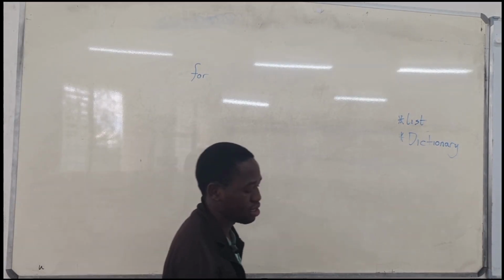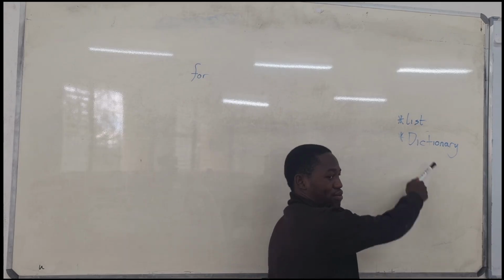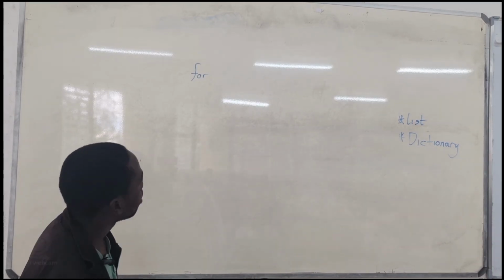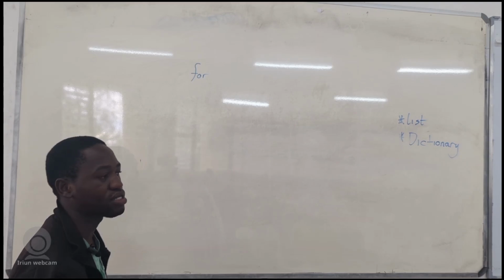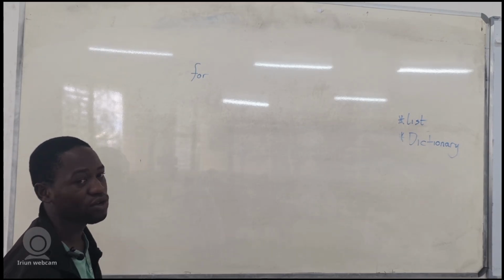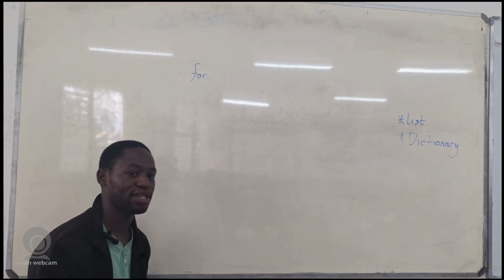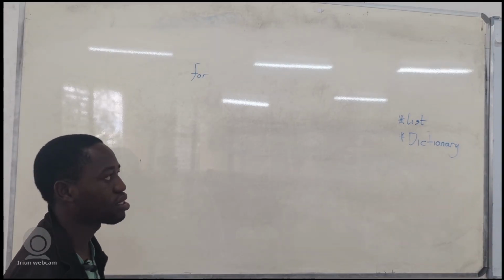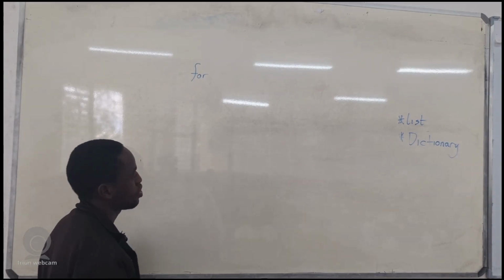We also had last time the dictionary, right? A dictionary is a collection of items with a key and a value, if you remember. And then let's just create one dictionary.